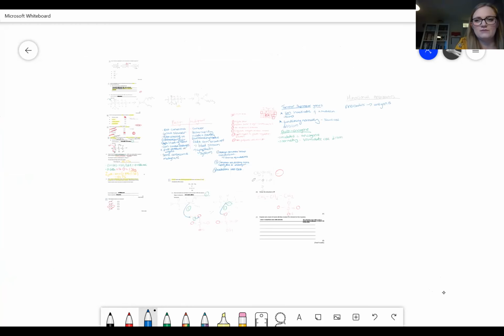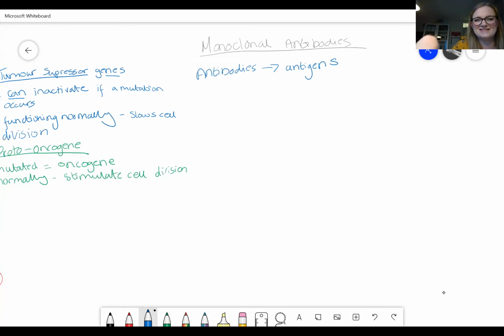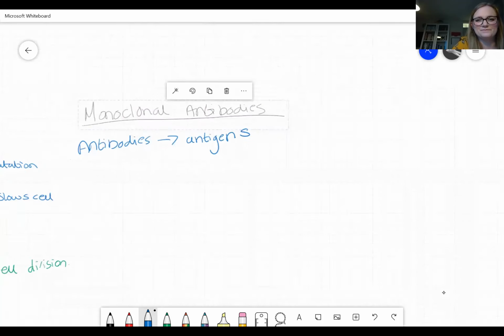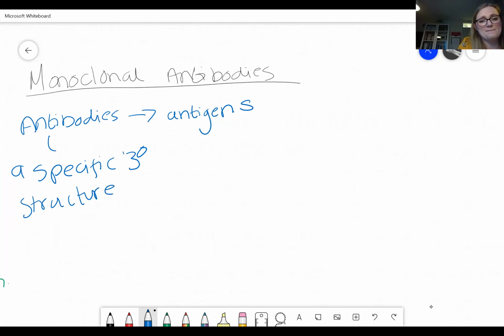Our antibodies have, because it's protein, a specific tertiary structure. Or you could say a specific binding site, or you might have heard it referred to as a variable region. Any of those three terms are fine.